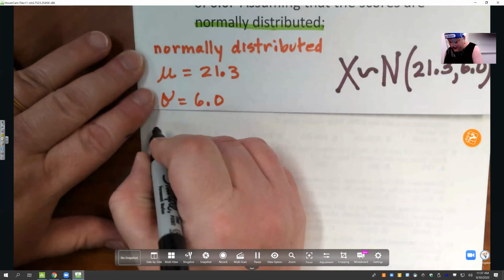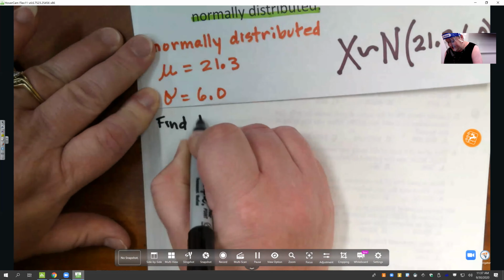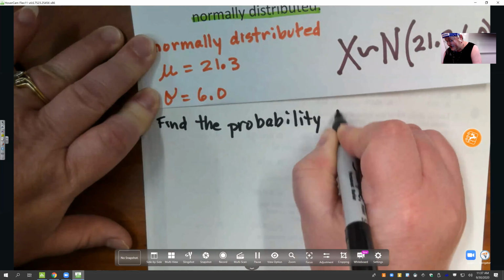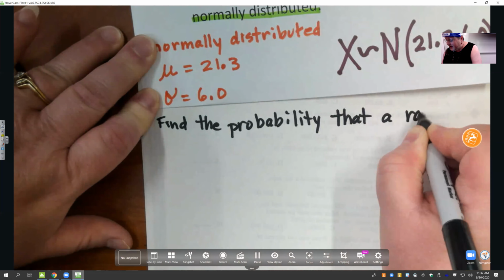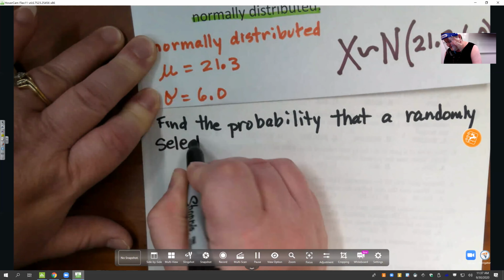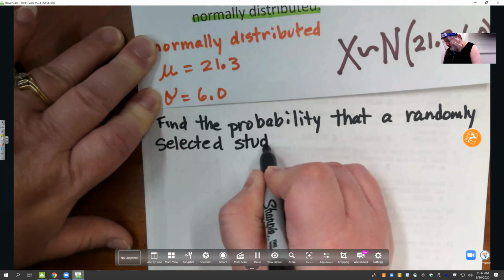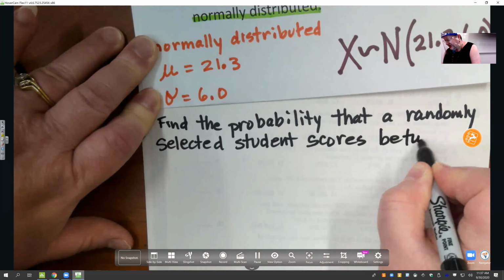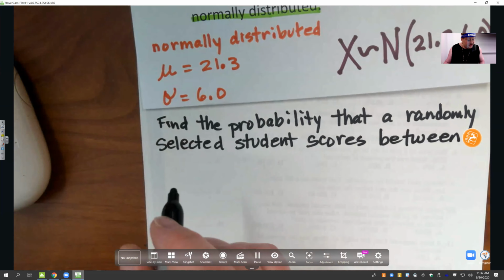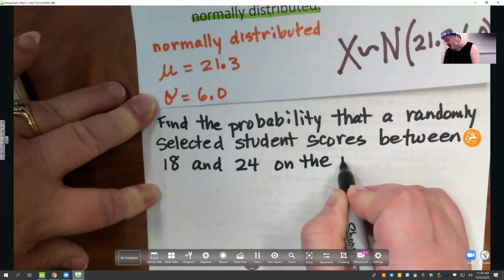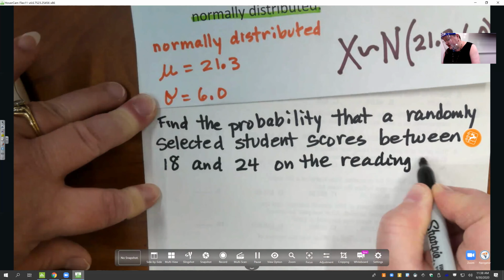This time we're going to find the probability that a randomly selected student scores between 18 and 24 on the reading ACT.